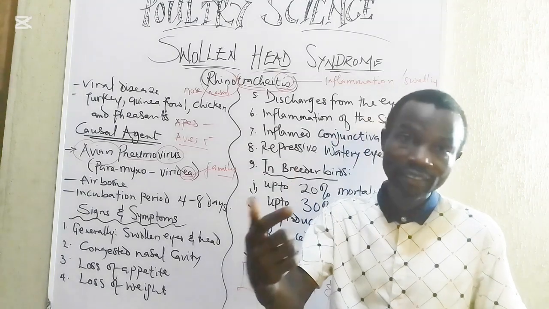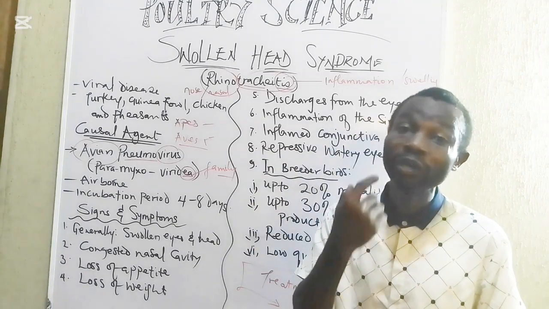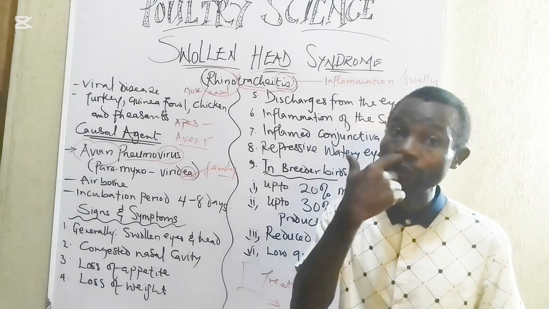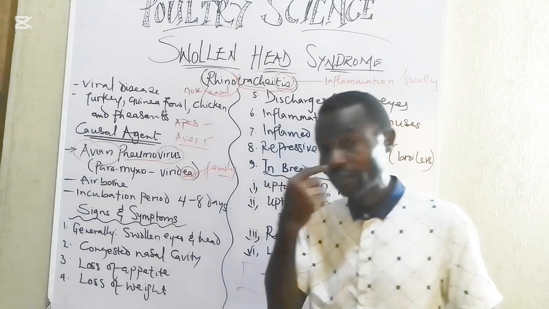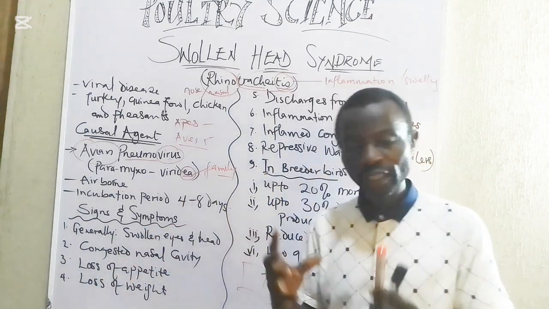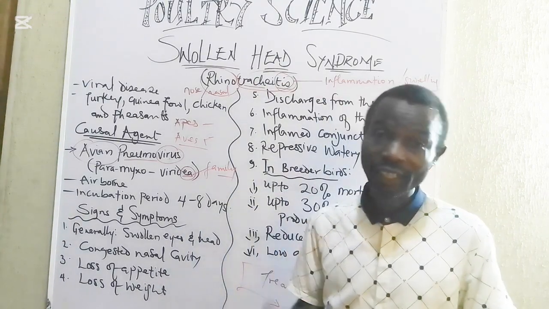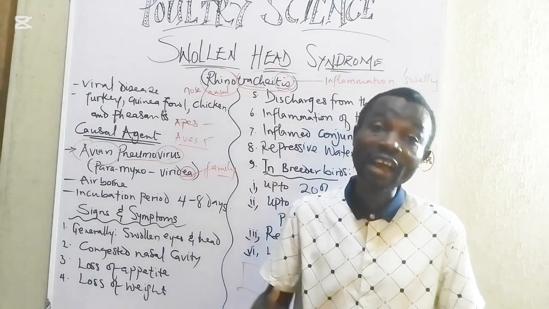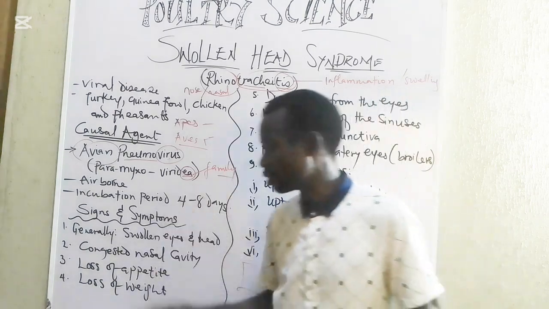The eye has a cavity, the eye socket, the nose has a nasal cavity, the mouth itself is the buccal cavity. So the nasal cavity, the nose cavity, is actually congested. What congests it is the mucus, which in local parlance we call catarrh, and it blocks the nasal cavity of the birds.